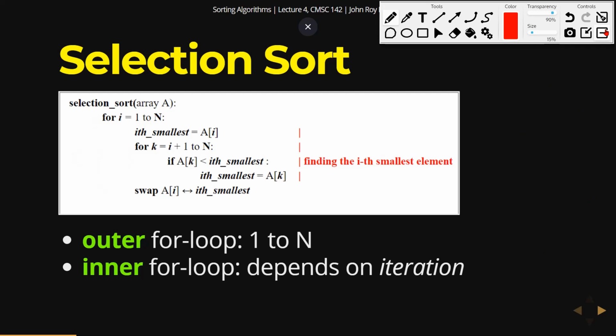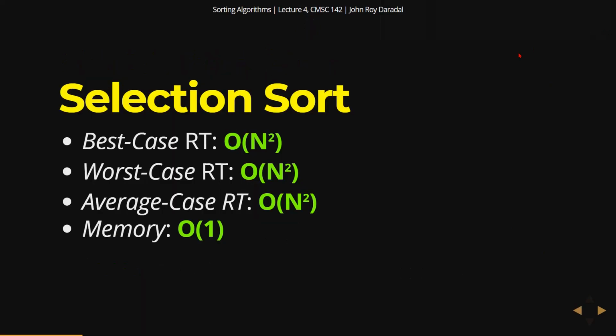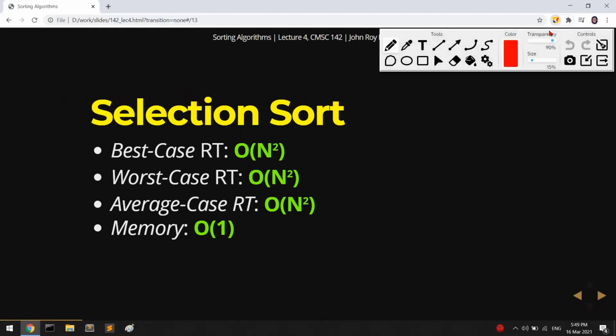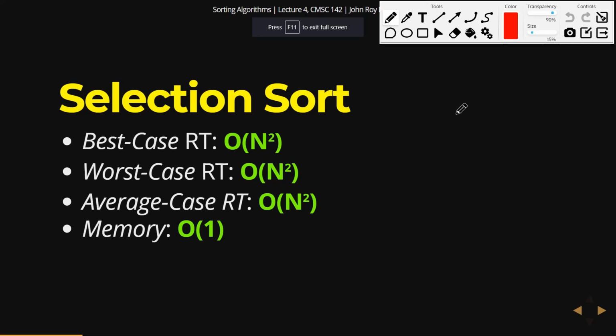Okay? So the best case, worst case, and average case are all O of n squared. Again, because earlier we saw that for n equal to 4, the number of iterations here were 3, 2, 1, 0.